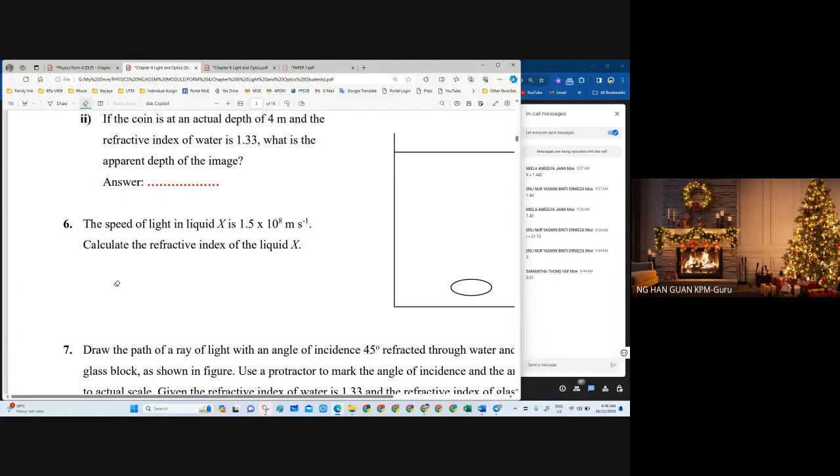So the refractive index of medium X, it should be liquid X. How much is the refractive index of the liquid X?